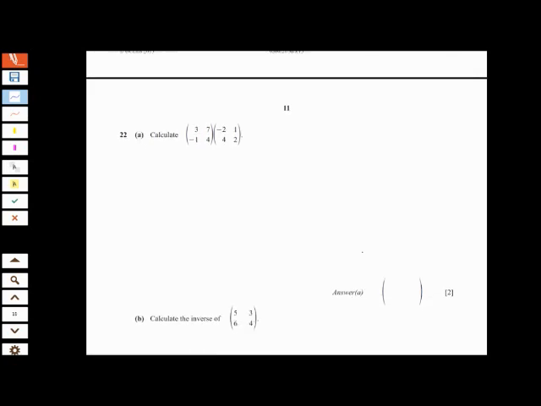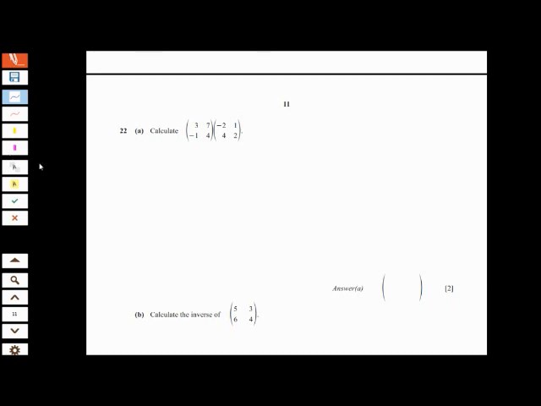So matrices, easy. Multiply rows by columns. So what you're going to do here is 3 times -2, that's -6. 7 times 4, 28, -6 plus 28 is 22. 3 times 1, 3, 7 times 2, 14, so 17.